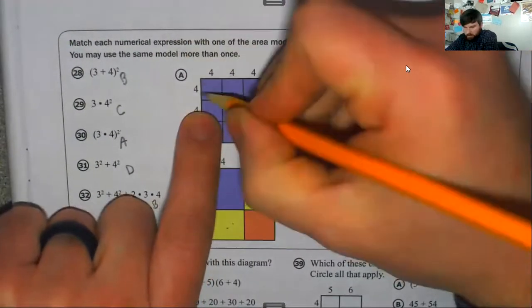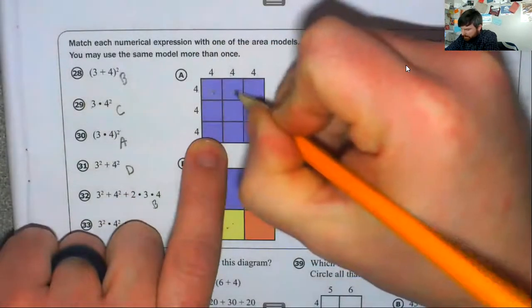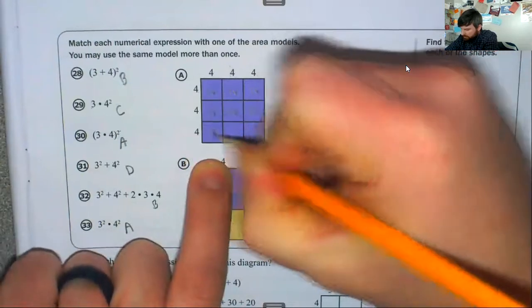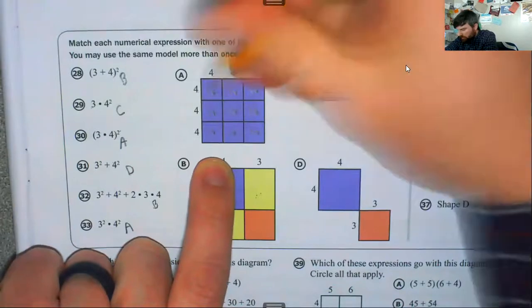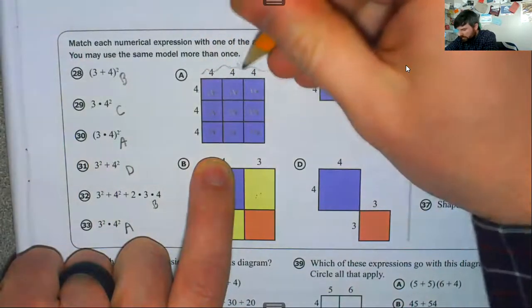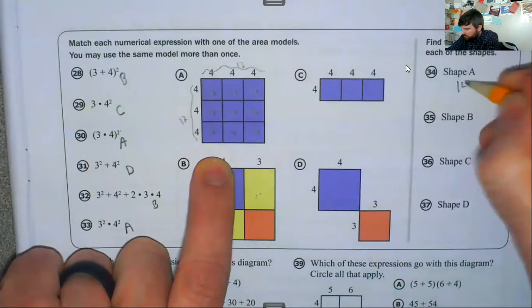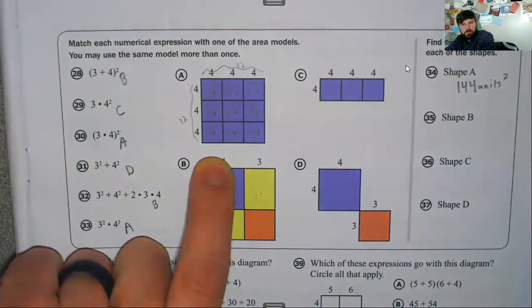Find the total area of each of the shapes. Okay. So 4x4 here is 16. So each one of these is 16. Or you could look at it, this is 12. And this is 12. And 12 times 12 is 144. Okay, you probably know 12 times 12.